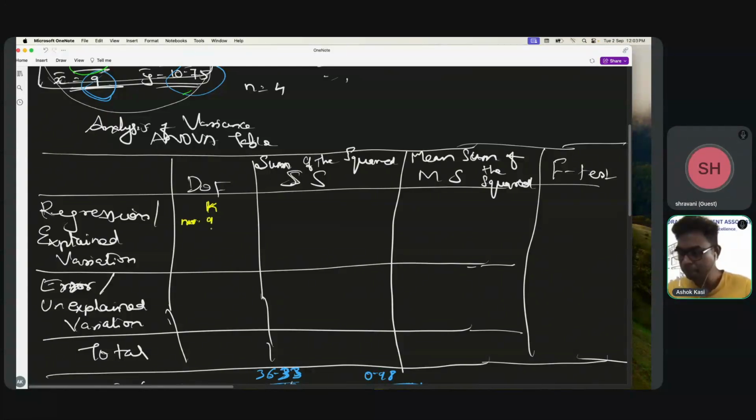Number of independent variable, K. So that is equal to 1 always.